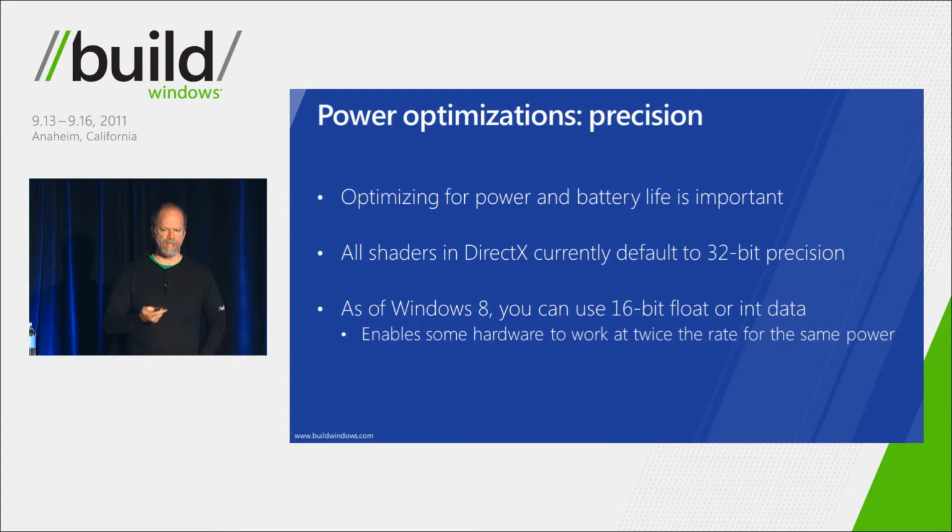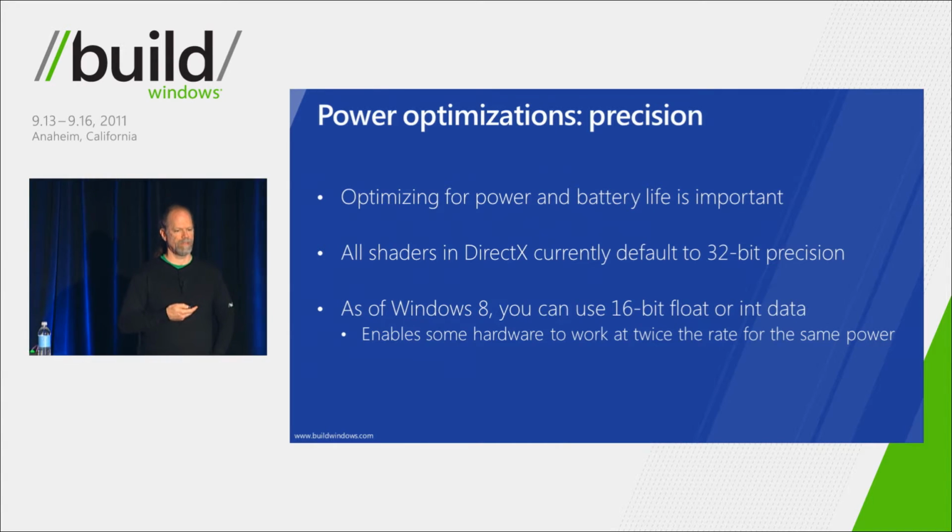So as of Windows 8, we've added some syntax in HLSL that lets you declare some of those variables as being of lower precision. And that lets the implementation say, hey, the user didn't really need to use 32-bit floats for these. Maybe they can use a 16-bit float. And that may seem, okay, so how is that an advantage? Well, most of these chips, the ones that are efficient, use the same registers to store 32-bit floats and 16-bit floats, but they can store twice as many and then process twice as many.